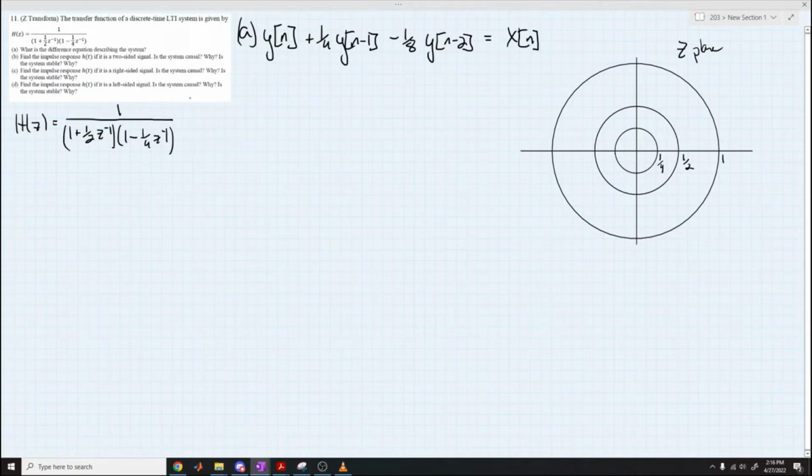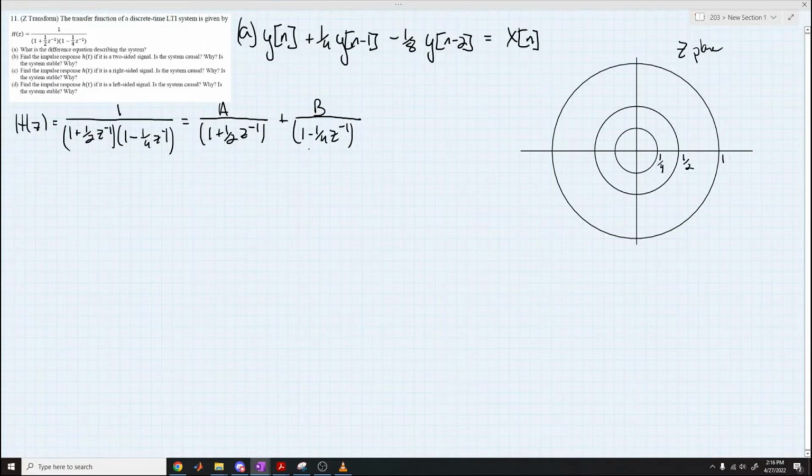And we want that to look like this: a coefficient A over 1 plus 1/2 z to the negative 1, plus B over 1 minus 1/4 z to the negative 1.